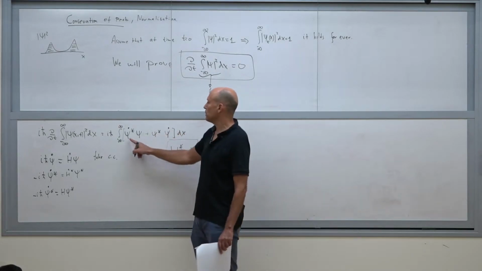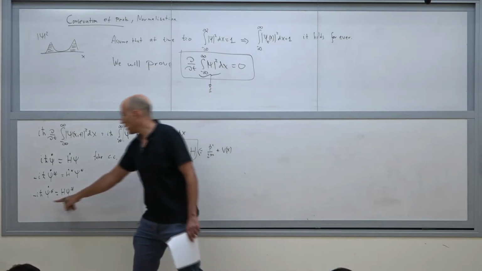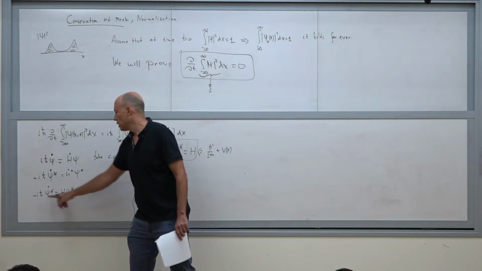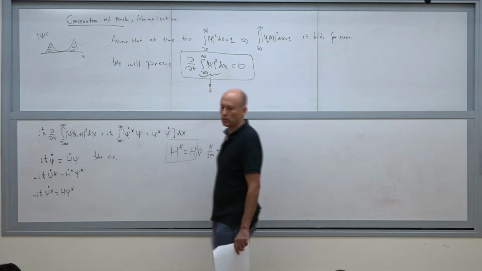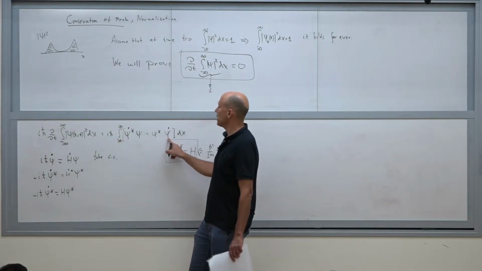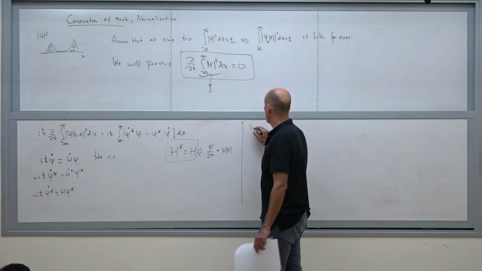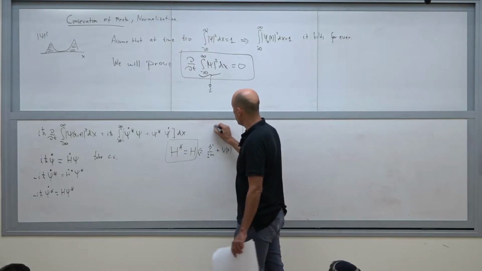Why did I do all this? Because here I have iħ psi star dot. What is iħ psi star dot? It is minus H psi star. And here I have iħ psi dot, which is H psi. If you want to remember where it started from, let's call this equation 1.